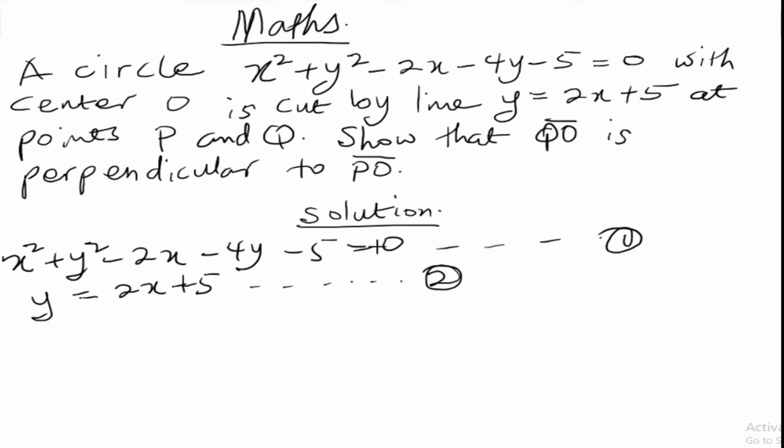The equation of my circle is equation 1 and the equation of the line is equation 2. Normally, when you are solving two equations simultaneously and one of them is quadratic and the other is linear, it is advisable to substitute the linear equation into the quadratic equation.